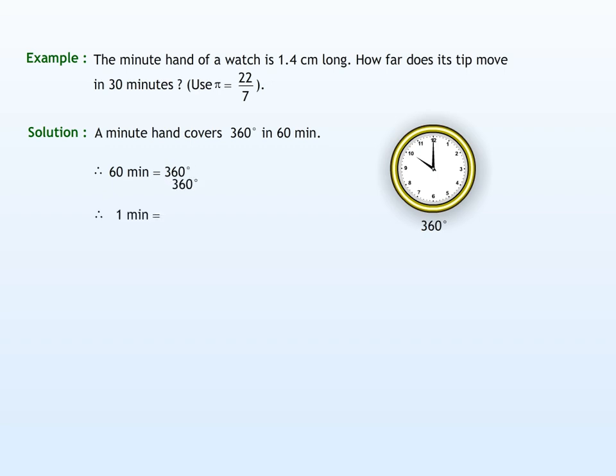Therefore, 1 minute will be equal to 360 upon 60 into 1. Therefore, in 30 minutes, we have 30 into 360 divided by 60, which gives us 180 degrees. So the minute hand covers pi radians in 30 minutes.